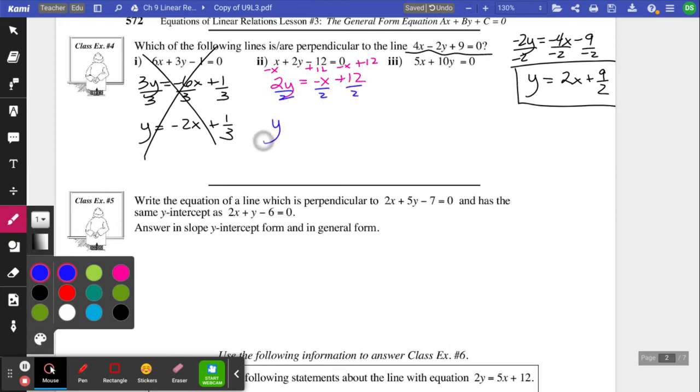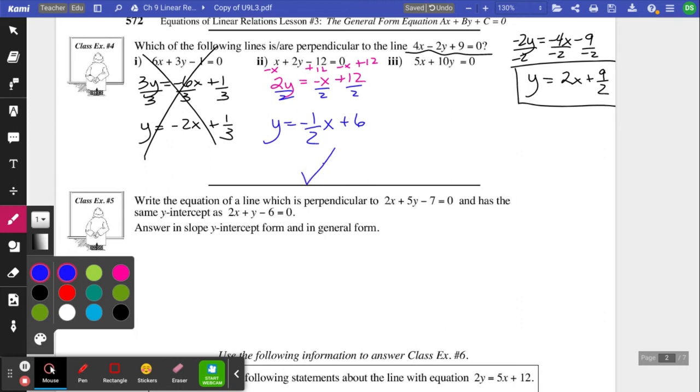So I end up with y is equal to negative 1/2 x plus 6. Is that one perpendicular to my black line, the very first one I had? Let's compare the slope. Negative 1/2 compared to 2. Are they perpendicular? Are they opposite of each other? Yes. Check. That one's perpendicular.